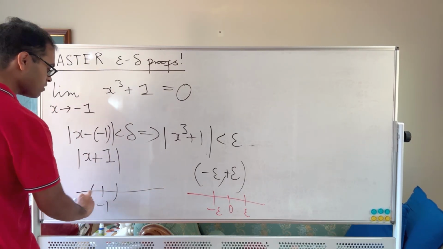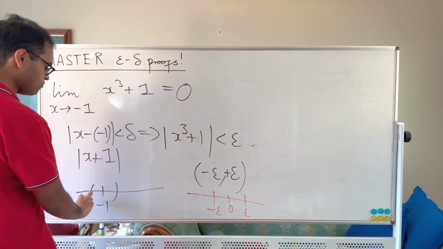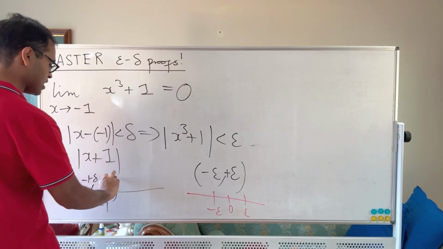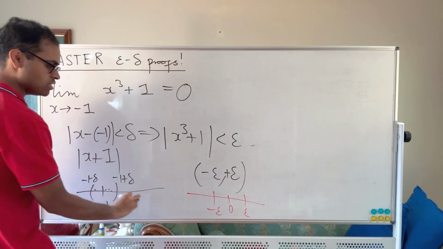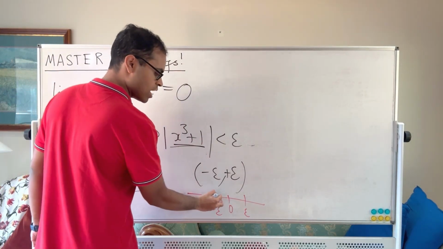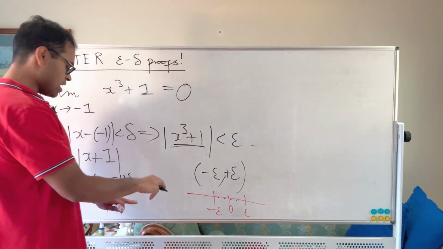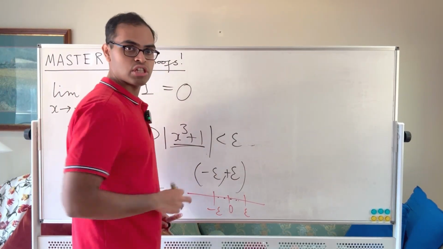So I need to figure out what range that should be, so that if x is within delta of -1, so -1 minus delta, -1 plus delta, as long as x is somewhere in this range, we can ensure our x cubed plus 1 is going to be somewhere in this range. As long as our x is sufficiently close to -1, our x cubed plus 1 is sufficiently close to 0.